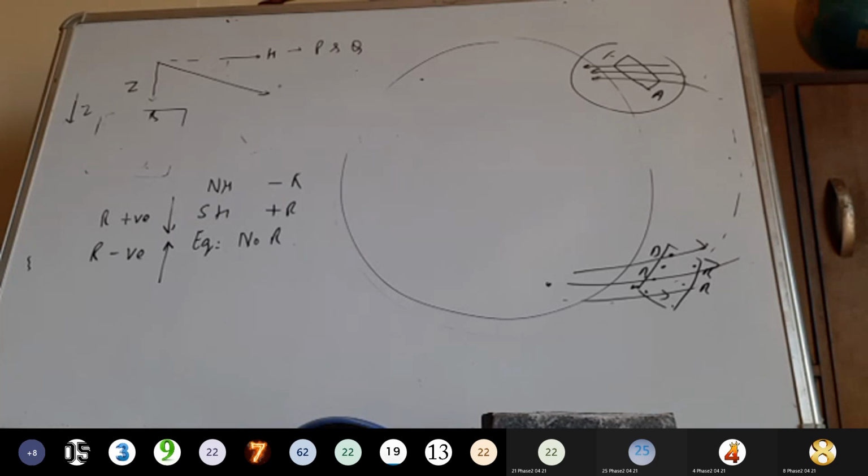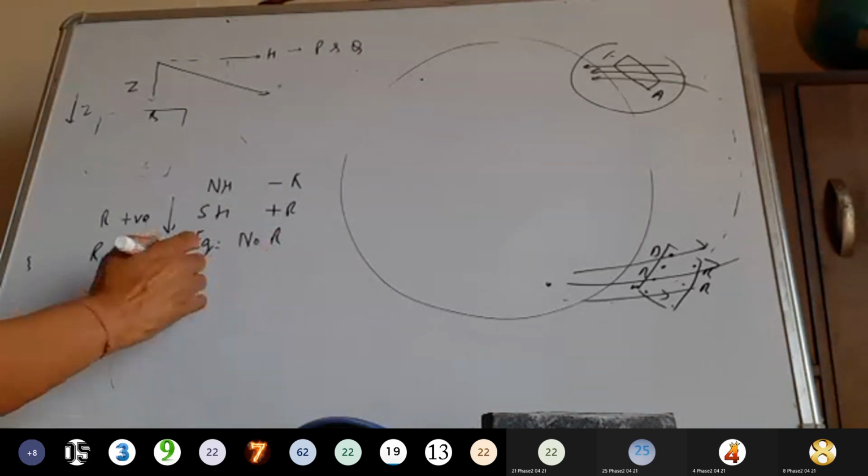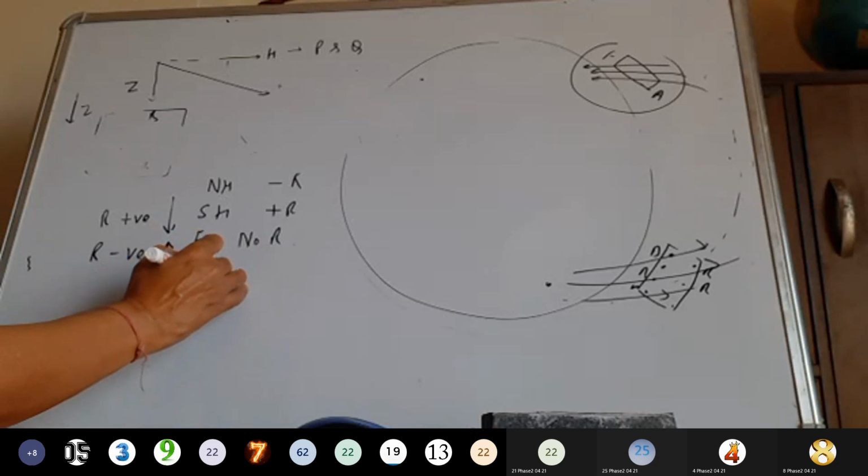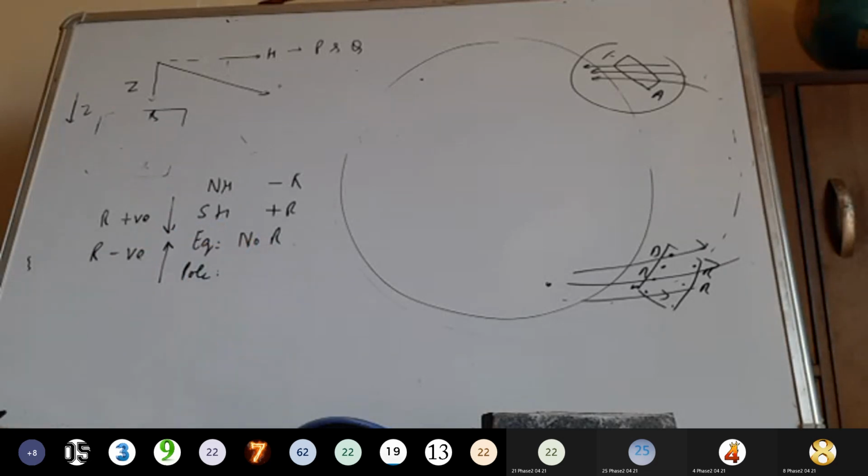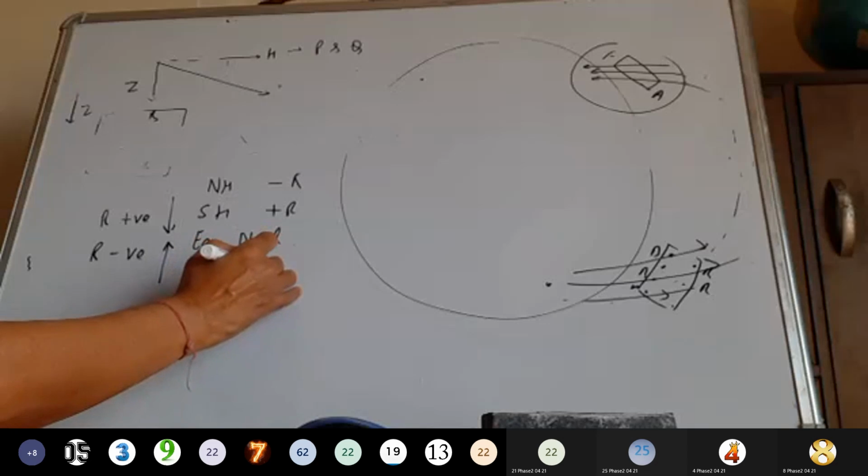So when the inducing force is 0, the induction in the vertical plane of the vessel will also be 0. So no R. If the vessel is, let us say, built at the poles, hypothetically, there the value of Z will be maximum. So the inducing force is maximum, so the induction will also be maximum. So maximum R will happen there.